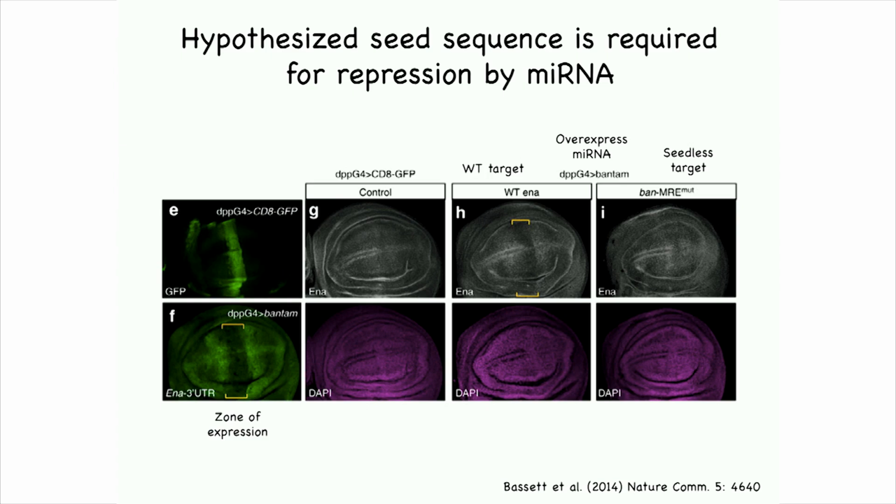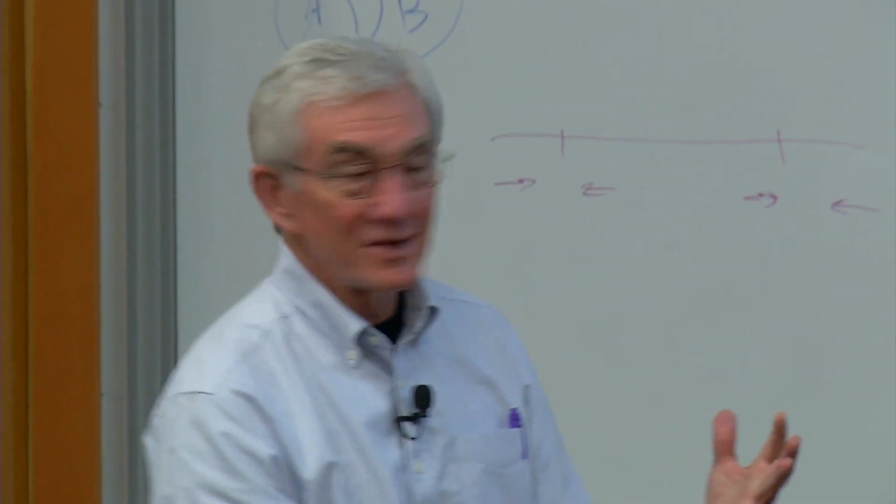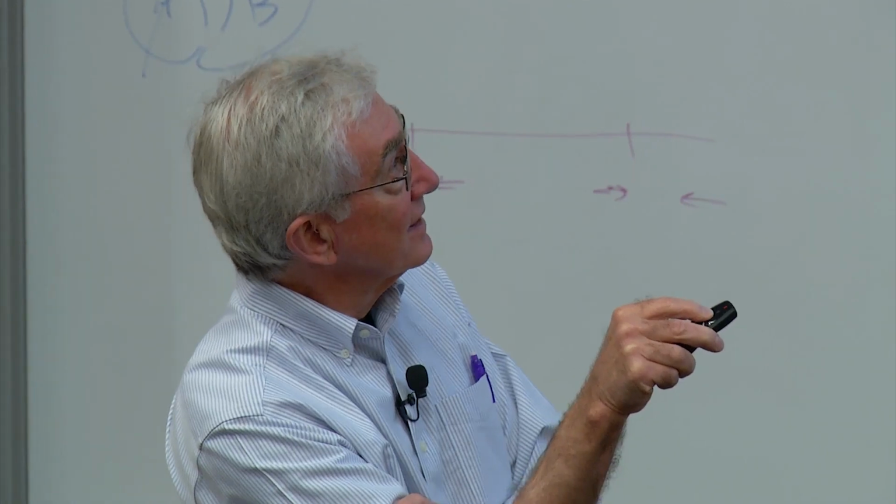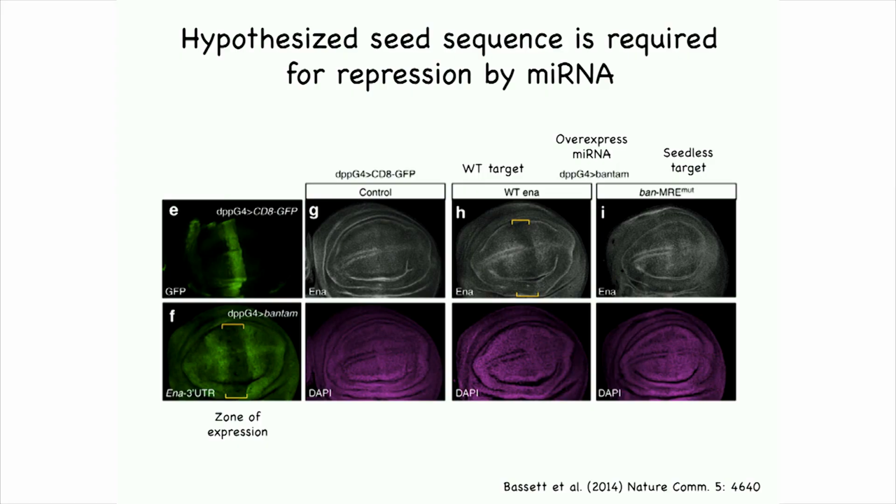And now if we stop fussing around with reporter proteins and we actually go to look at expression of the ENA protein product, I think this is a protein, it might be an in situ hybridization, but if we look at expression in the normal situation, if you overexpress the Bantam microRNA, you reduce expression of the ENA product in this region.